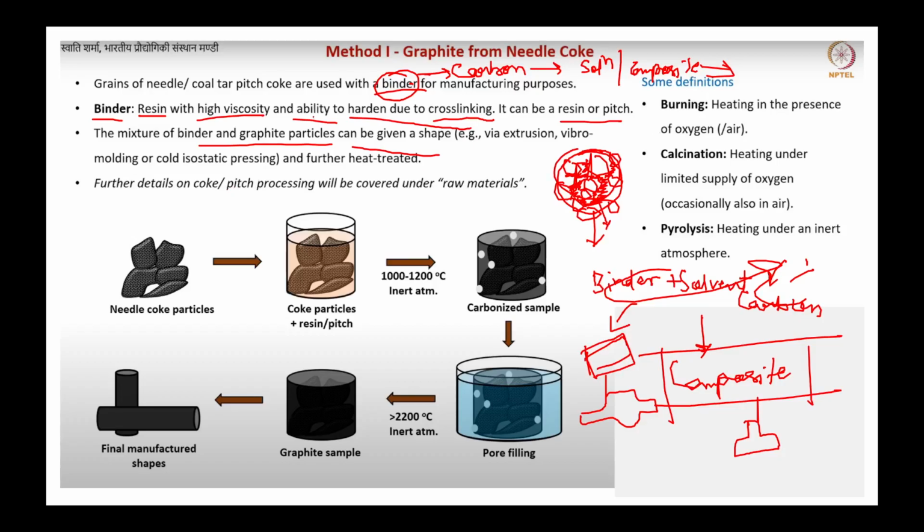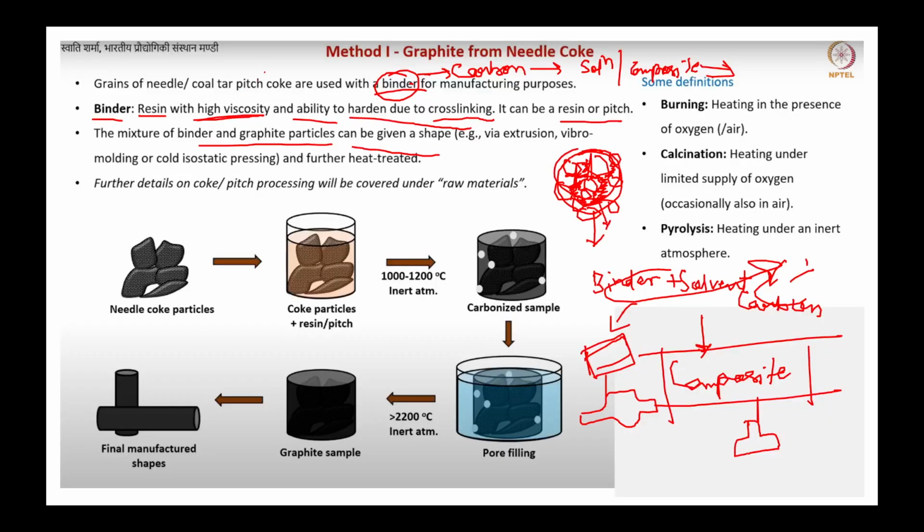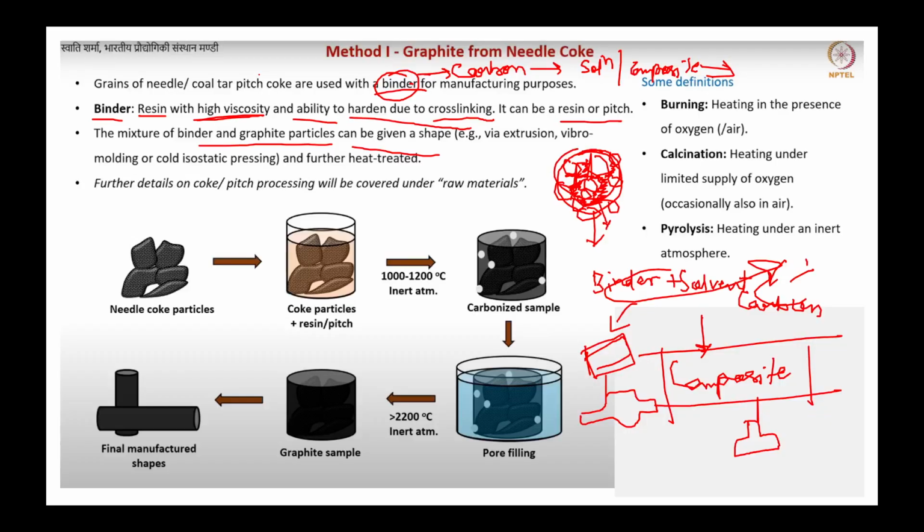So basically, here you can see the high viscosity resin. During graphite rod manufacturing using needle coke, the process can be filled using the high viscosity resins. Okay, clear? Yes, sir.